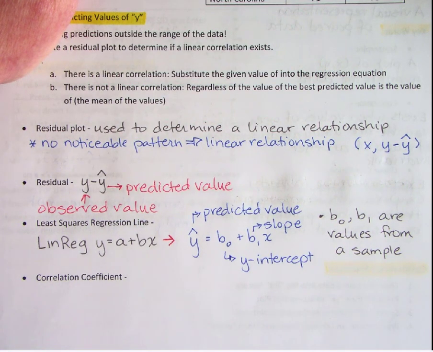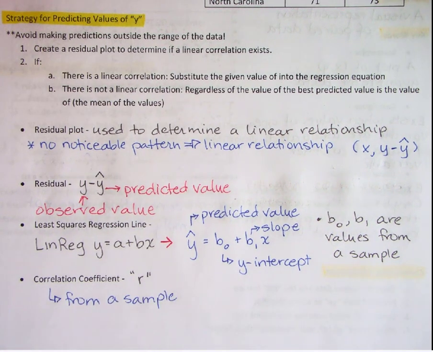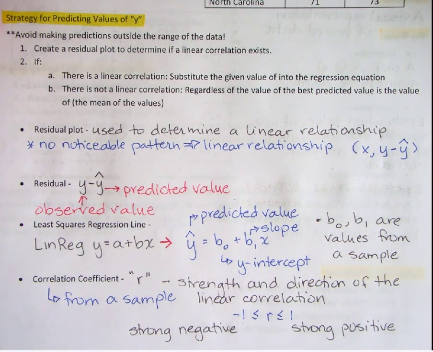The correlation coefficient is represented by a lowercase r, and you're going to see this on your calculator. This value is also calculated from the sample data. It also gives us the strength and direction of the linear correlation, where the value of the correlation coefficient is between -1 and +1.